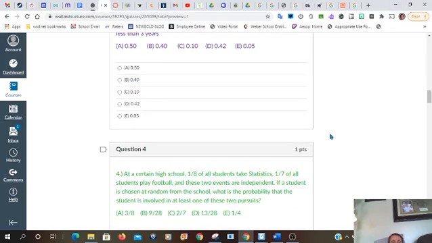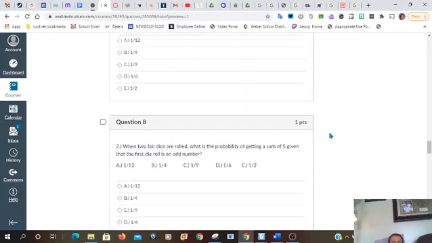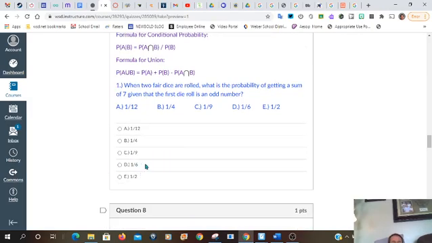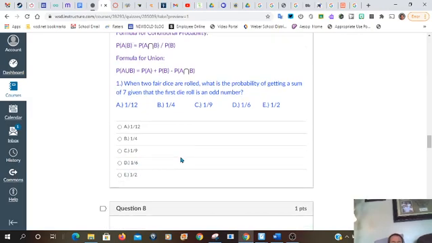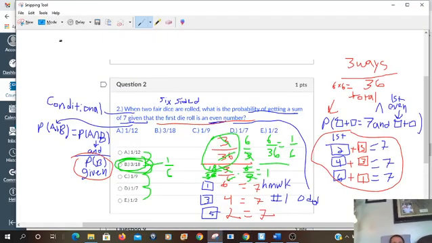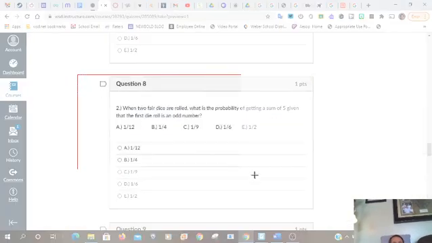So then for the homework assignments, down here there's that same problem, and this time 3 out of 18 does reduce you up to 1/6. And then question number 2 is saying sum to 5, and first die roll is odd. And so the trick there with that one is that it's going to be what?